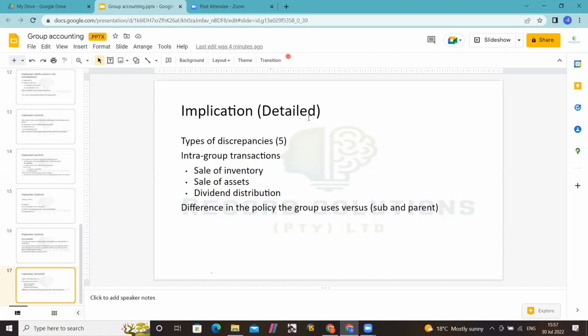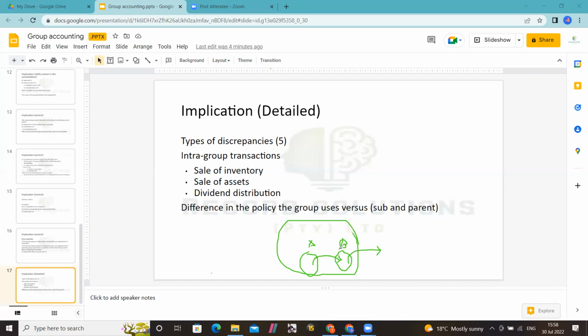Let me show you the concept where this unrealized profit comes from. It also boils down to this concept here. So we have these two entities, entity A and entity B. Let's say entity A sells to entity B, and of course, entity B takes this inventory and sells it to outside parties.